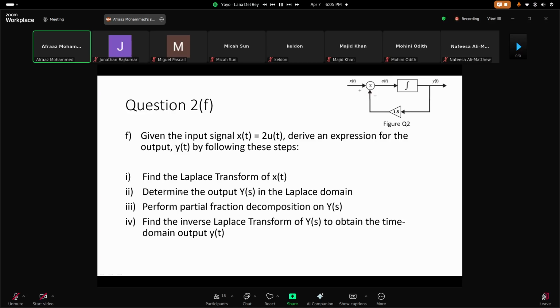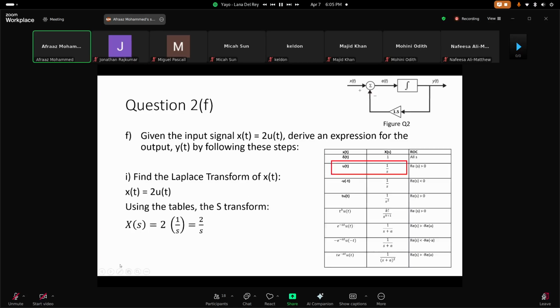First, the Laplace transform of x(t). Then determine the output Y(s) in the Laplace domain. Thirdly, you will do partial fraction decomposition of Y(s). And then finally, based on that output, you would find the inverse Laplace transform of Y(s) to obtain the time domain output y(t).